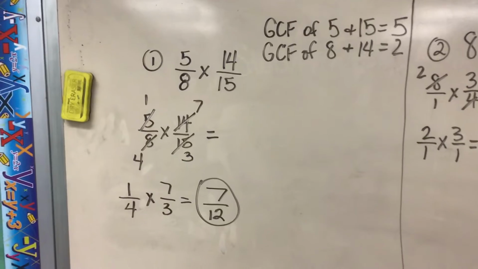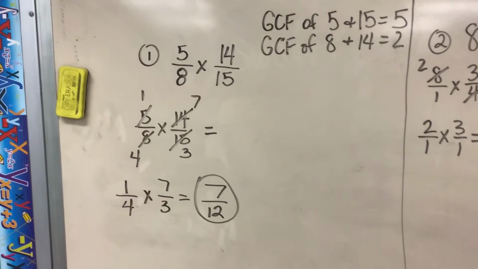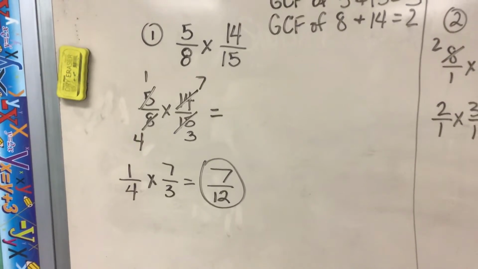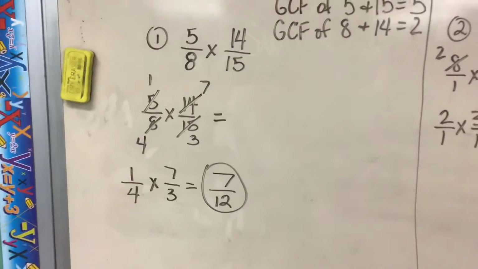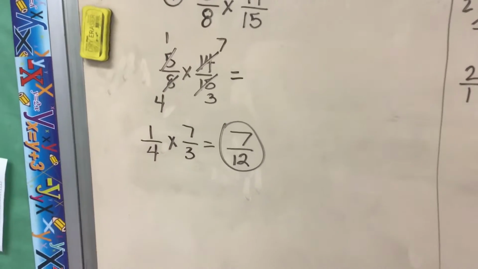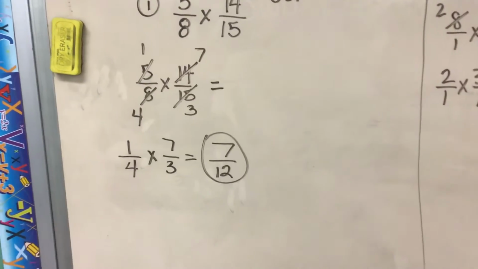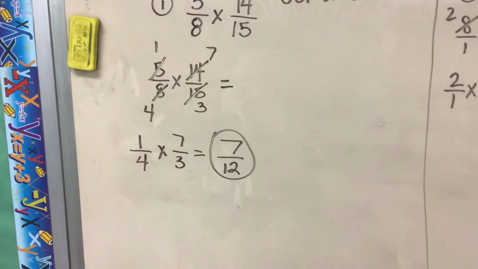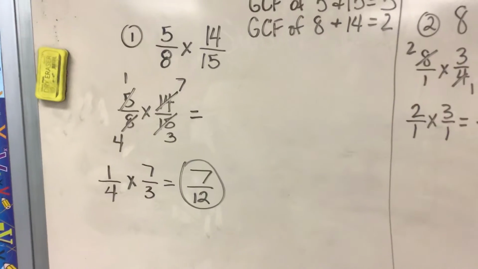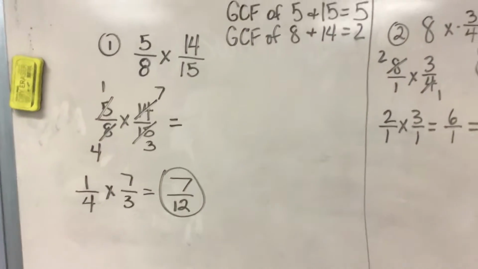So what I did, as you can see, is I divided 5 and 15 by 5, and I got 1 and 3. I divided 8 and 4 by 2, and I got 4 and 2. I rewrote my problem, 1/4 times 7/3, and then just multiplied. 1 times 7 is 7, 4 times 3 is 12. I can't simplify that fraction anymore, so I know my answer is 7/12.